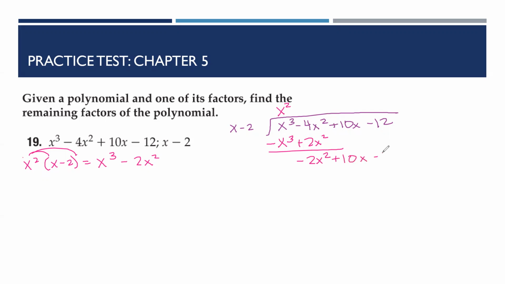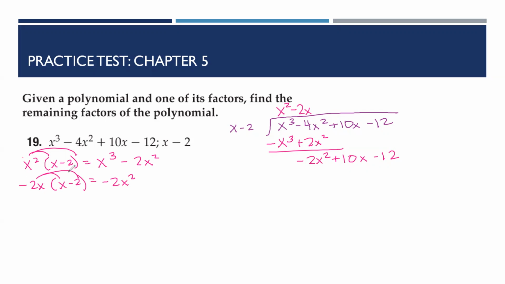Bring everything else down. Now x times what is going to give me negative 2x squared? Well, that's negative 2x. And then I multiply negative 2x times x minus 2 to distribute. So negative 2x times x is negative 2x squared, which is what I wanted.